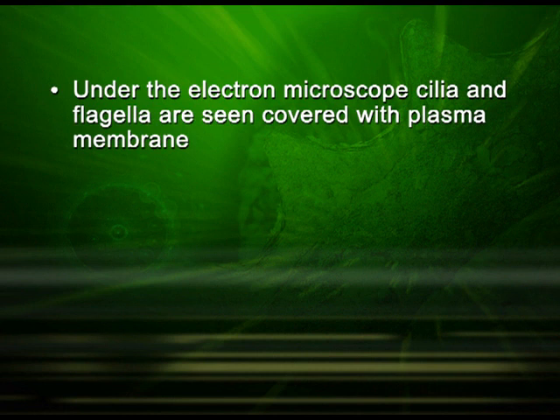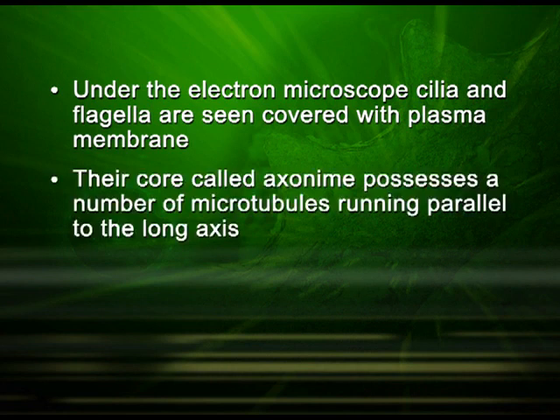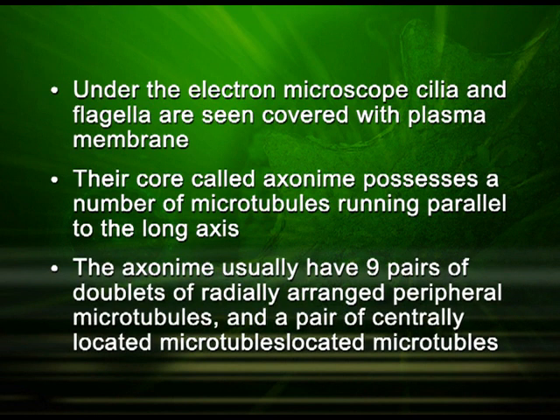Under the electron microscope, cilia and flagella are seen covered with a plasma membrane. Their core, called axoneme, possesses a number of microtubules running parallel to the long axis. The axoneme usually has 9 pairs of doublets of radially arranged peripheral microtubules and a pair of centrally located microtubules.